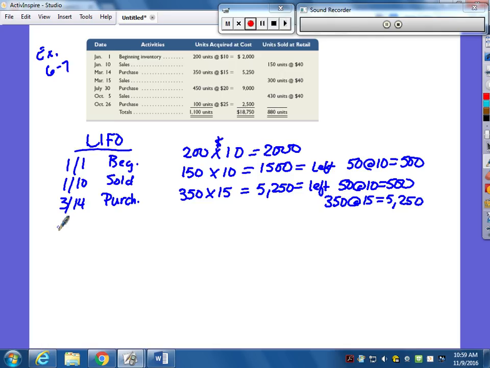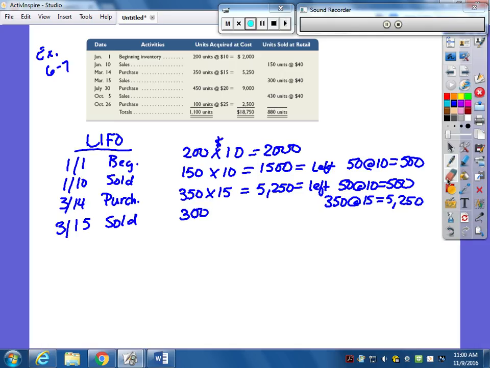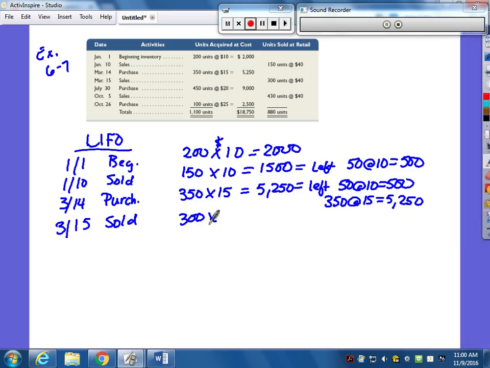On March 15th, they sold 300 units. Where do we pull them from? This is LIFO, last in, first out. This last purchase, so we're going to do 300 at what price? 15, which equals how much?